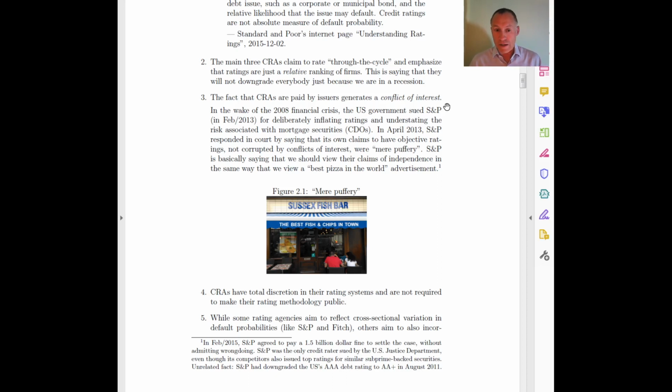I mean, it did not have to be like this. Actually, many years ago it was a different model. Who paid the credit rating agencies were not the firms that wanted the rating, but were instead the investors that wanted the rating. But nowadays, for some reason, we converged on this model that it is the firm that wants to be rated that pays the rating agency.